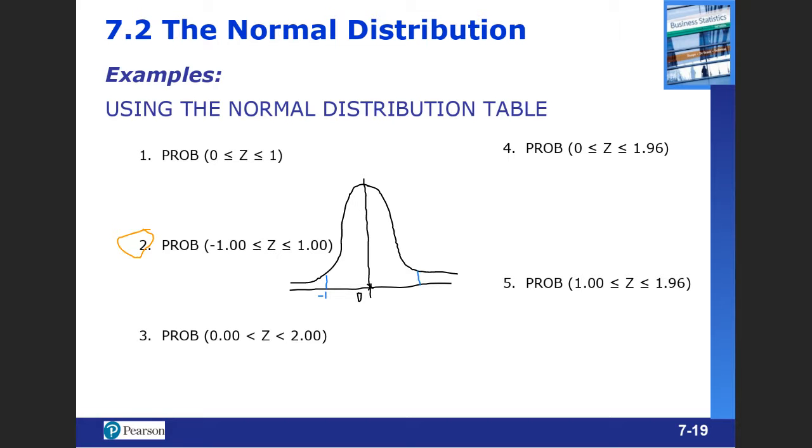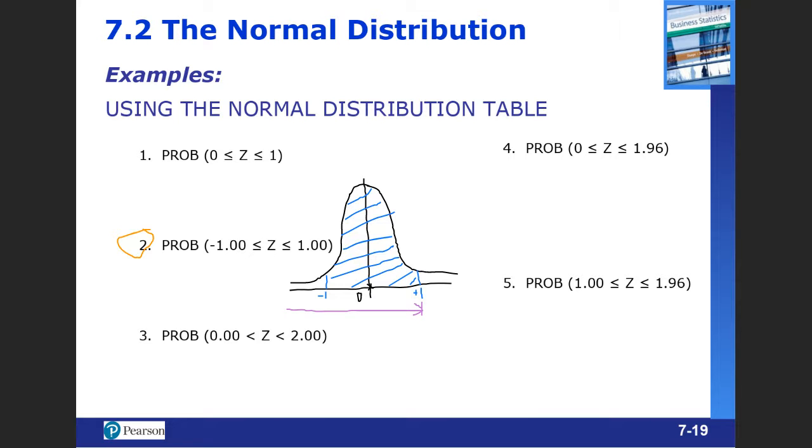Now, some of you might recognize this and do it in a different way, which is fine. But the idea is to practice using the tables. So we're interested in the probability between these two z-scores, between -1 and 1. So again, the table is always giving me area from -infinity up to my z-value.